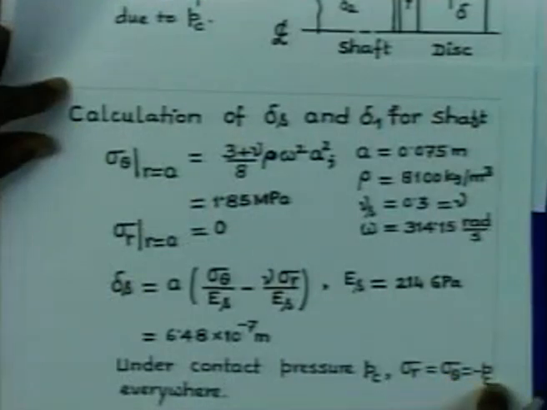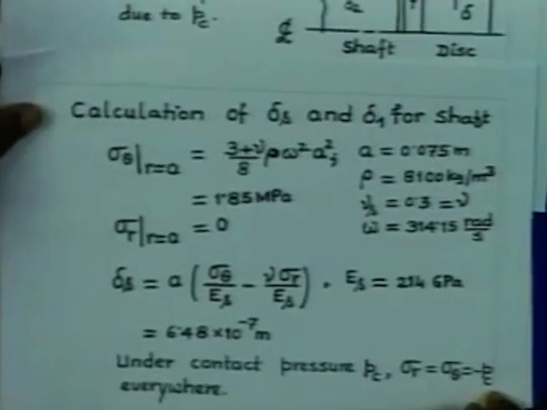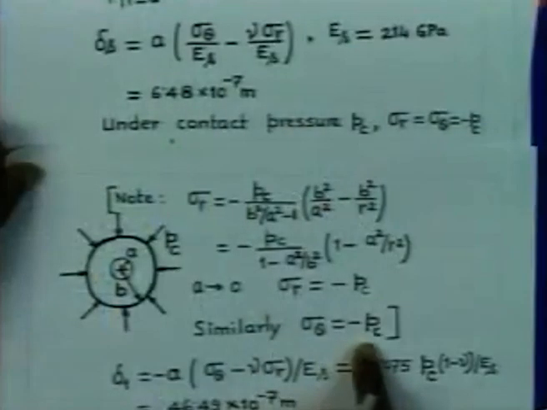So, it is really a state of hydrostatic compression, and therefore, we know both these stresses. So, we can now calculate; it is shown here how this sigma r and sigma theta are going to be both minus Pc.